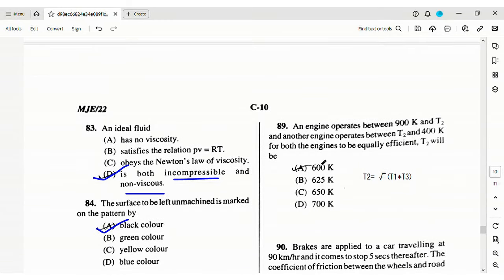Now question number 89. An engine operates between 900 Kelvin and T2. Another engine operates between T2 and 400 Kelvin. For both engines to be equally efficient, T2 will be? Now here we can use a shortcut.